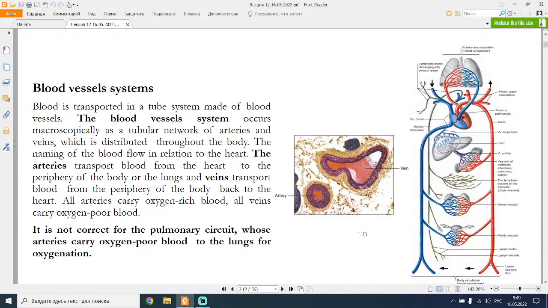All veins carry oxygen-poor blood. This is not correct for the pulmonary circuit, whose arteries carry oxygen-poor blood to the lungs for oxygenation.